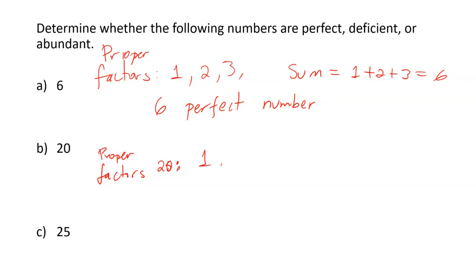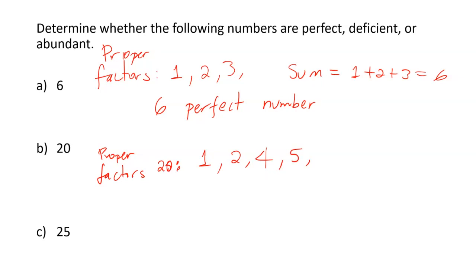So I'm going to start with 1, and then I'm going to check if it's divisible by each of the numbers. Now I'm not using only primes. I'm listing all of the divisors of 20. Any number that divides 20 is considered a factor. So 1 divides it, 2 divides it, not 3, but 4 does, 5 does as well.